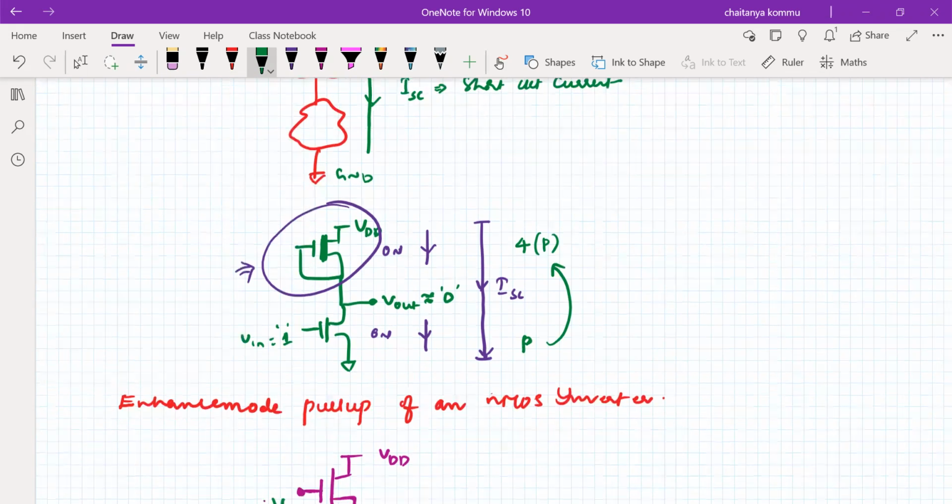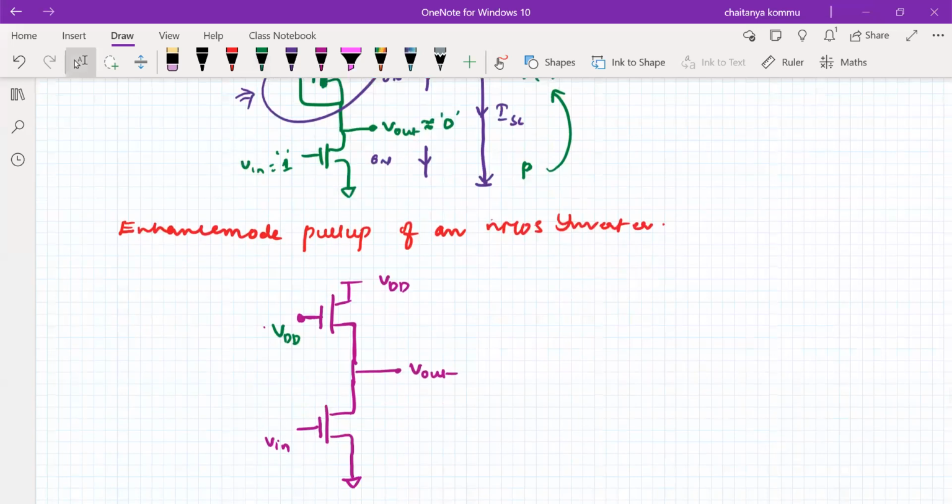So in order to do this, the pull-up network ratio will be equal to the pull-down network ratio if you are using the enhancement mode transistor. It is not necessary to use 4 times for the bottom transistor; here N1, N2 need not be 4 times.